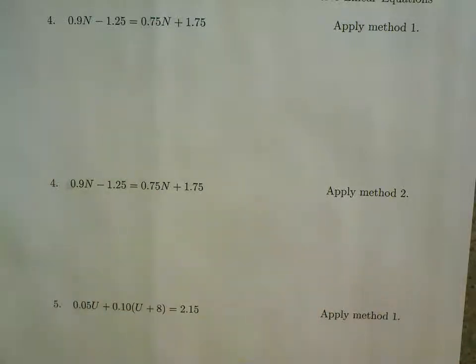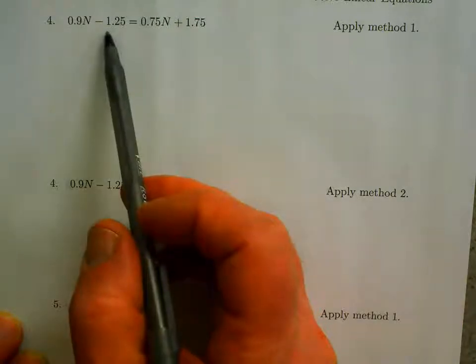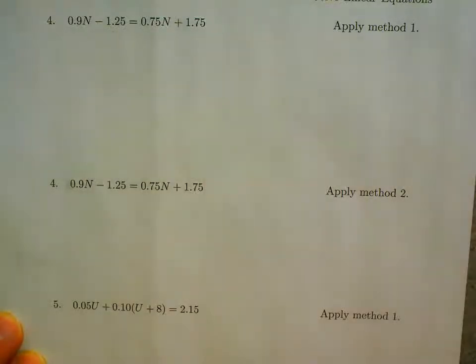Terminating decimals, like 0.9, that's really just a fraction. What fraction is it? 9/10. Yeah, 9/10. And 1.25 is 125/100, right?